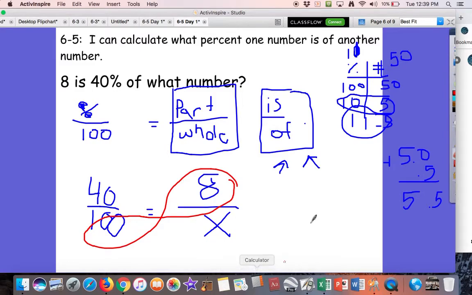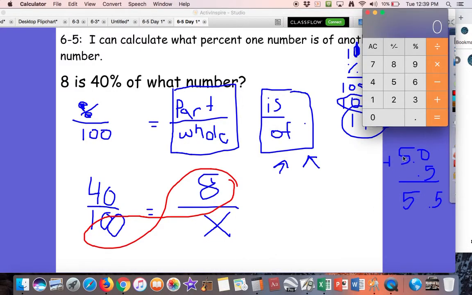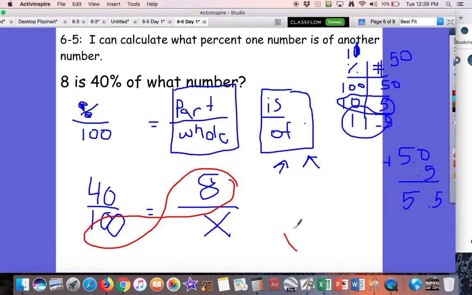So if I get out my handy dandy calculator here, and you can use your calculator, 8 times 100, well, we know that's 800. And then I'm going to divide by 40, and that's 20. So x equals 20.